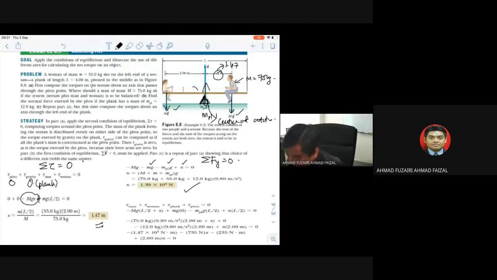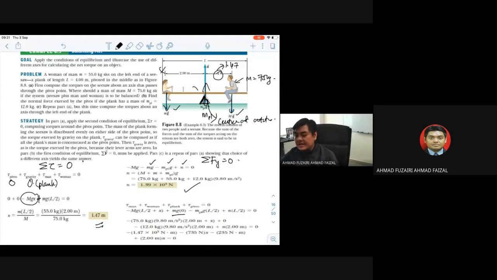Okay, and repeat part A, but this time compute the torque about an axis through the left end of the plank. Left end of the plank should be here. Okay, left end of the plank kita nak letak dekat perempuan ni pula sebagai pivot. Apa akan berlaku? So definitely perempuan ni akan jadi 0 lah. Kita dapat mg kali dengan kosong.